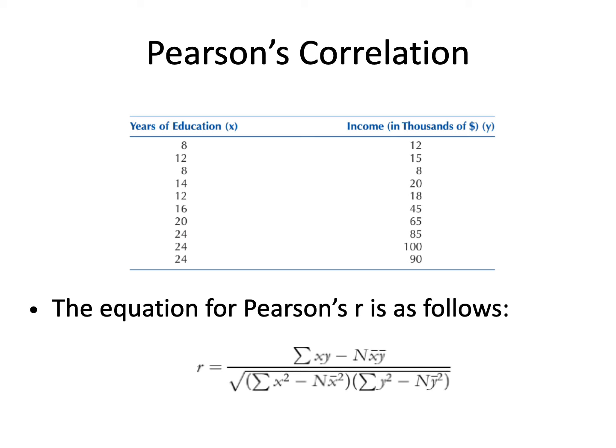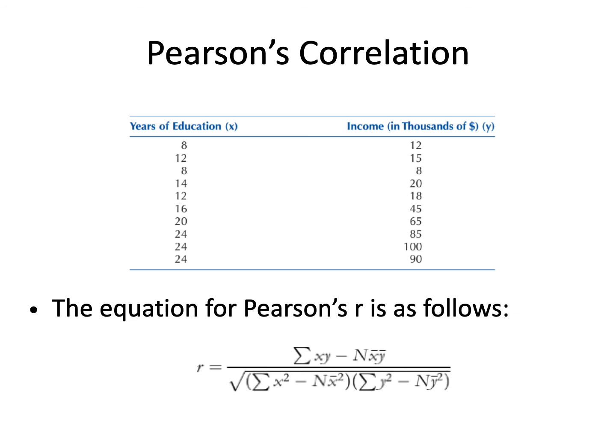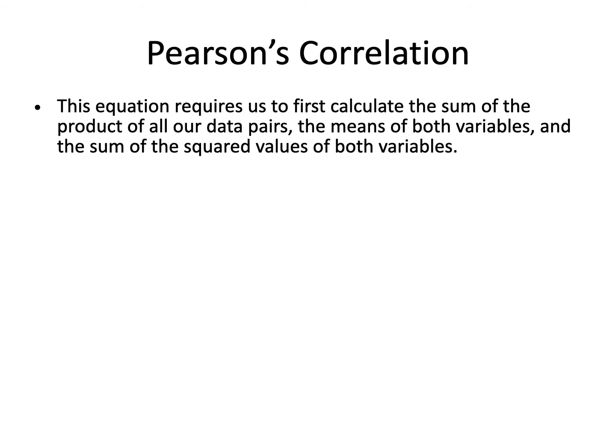This equation requires us first to calculate the sum of the product of data pairs, and then the means and squares. Then we estimate the sum of squares of both variables.